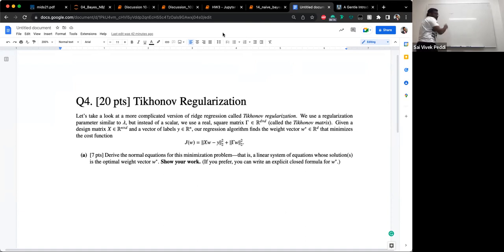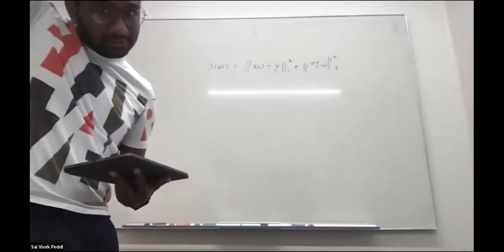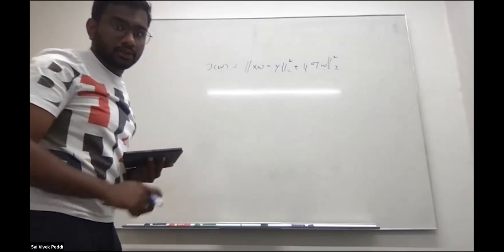So J of W equals (XW minus Y) whole square plus tau W whole square. Is the board visible?